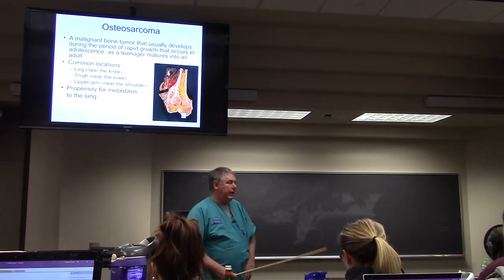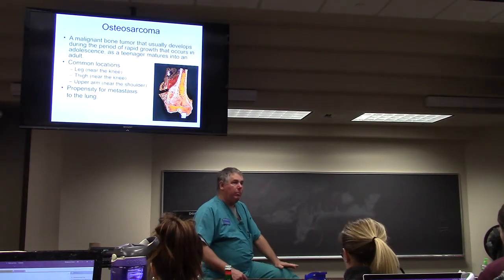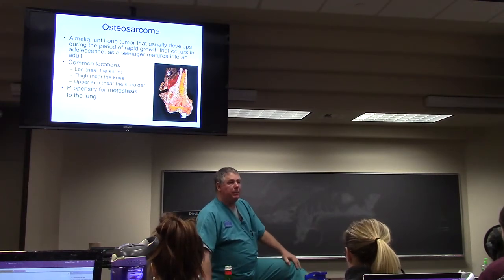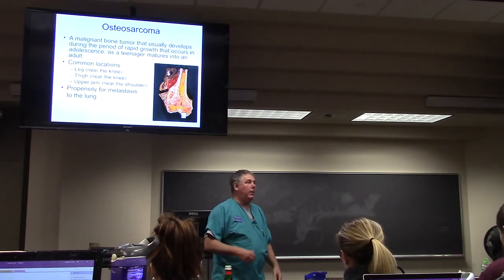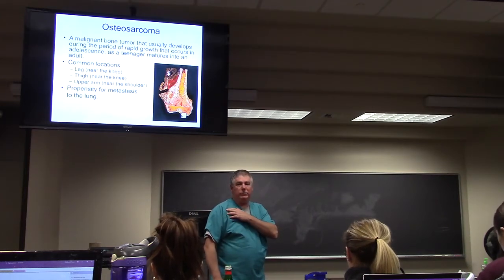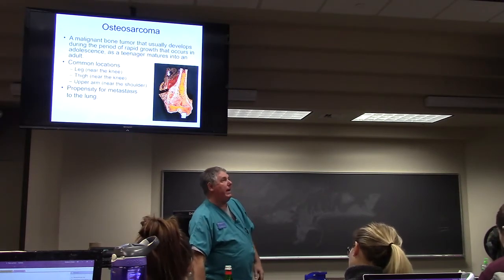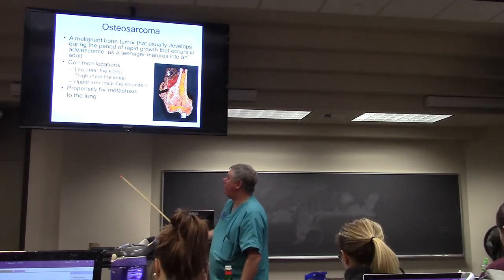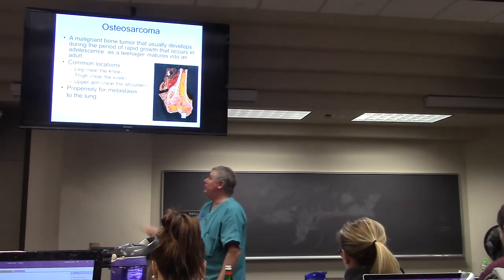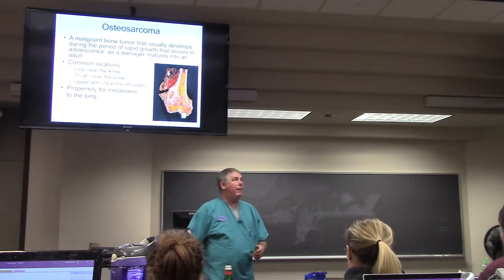And 60% of osteosarcomas occur in the distal femur and proximal tibia. 40% occur elsewhere, like in the pelvis, vertebra, and maybe 20% occur in the shoulder. But 60% of them occur down around the knee. These things metastasize quickly, and because they're going to go to the lung, there's usually no coming back from that.